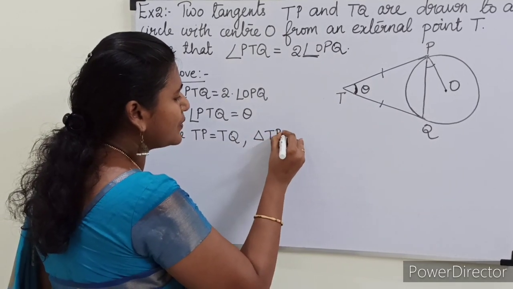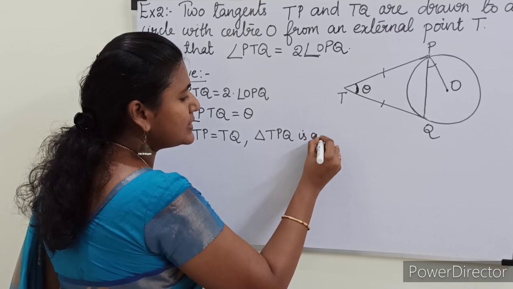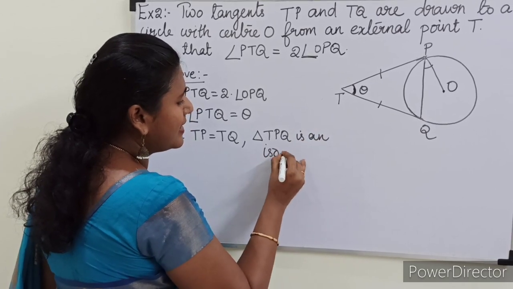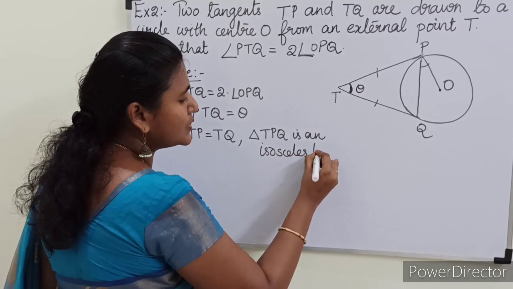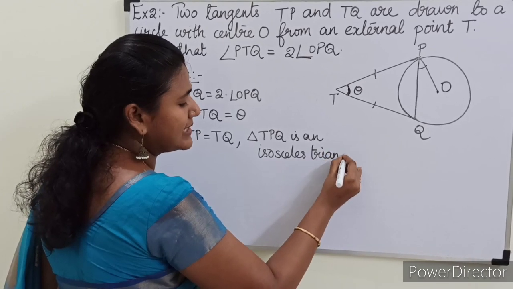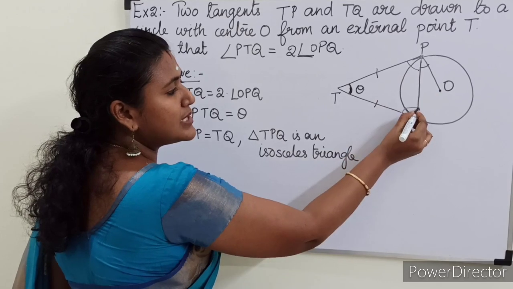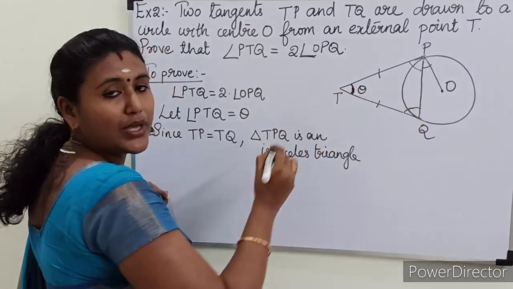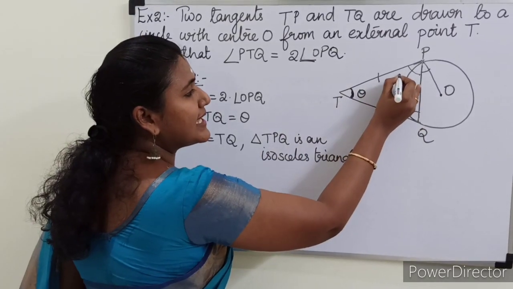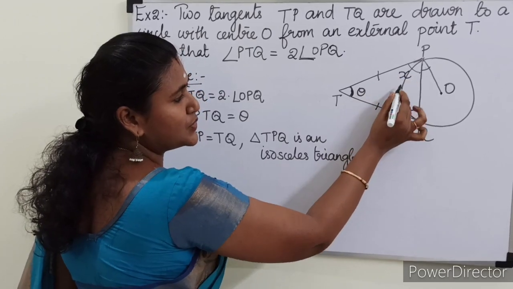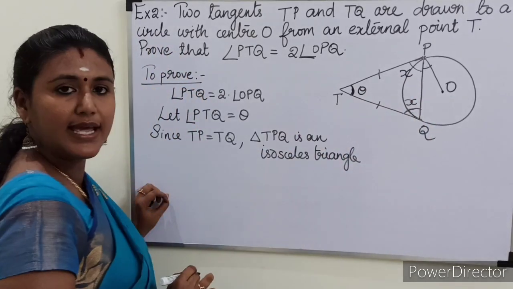That means two sides are equal, so the angles opposite to these equal sides are also equal. So we will take this angle as x. So these two angles will be x.